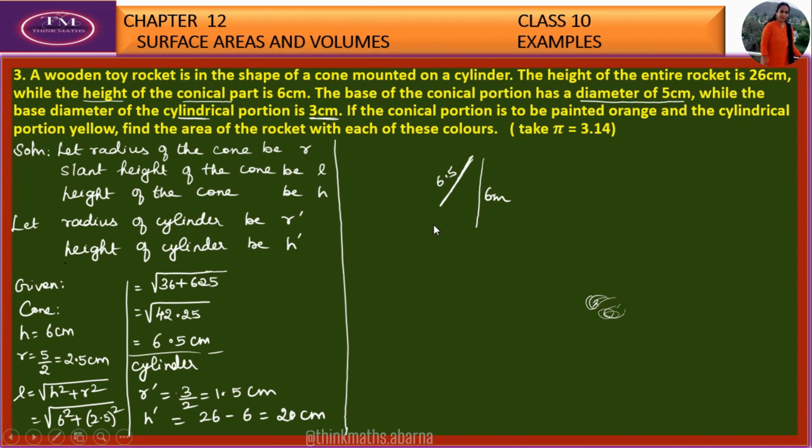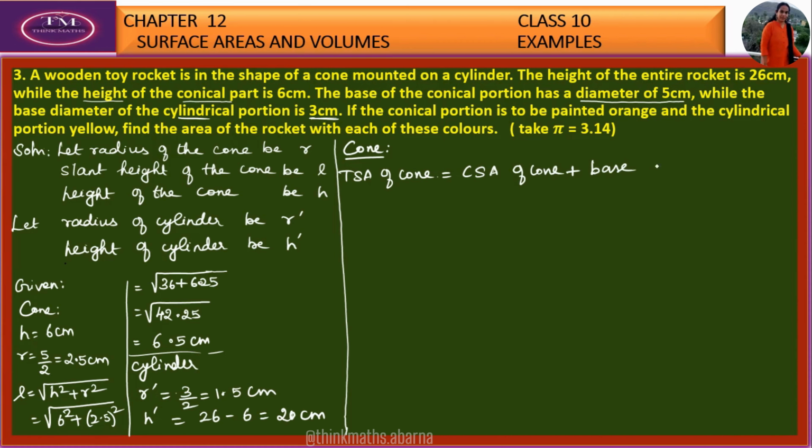Now let me erase this part. For the cone, first we have to find out the total surface area of the cone. What is that? It is nothing but the curved surface area of the cone plus the base area of the cone.